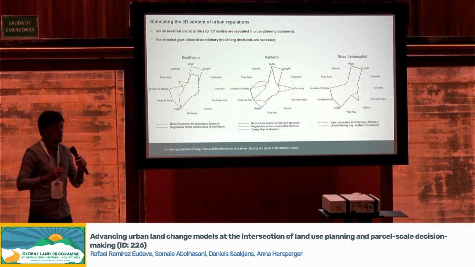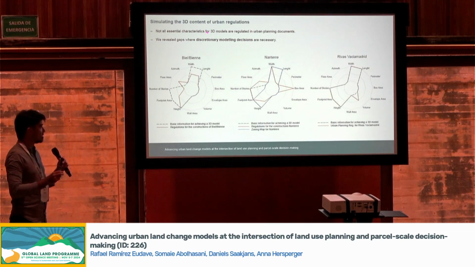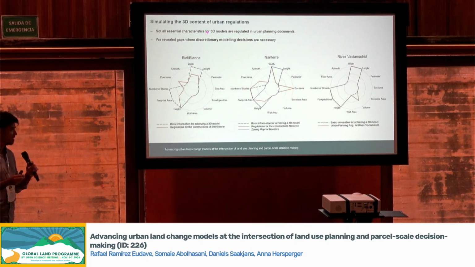Then the problem is that in documents for regulating form and function at the level of the buildings, we do not always find these indicators for assembling 3D models, and we need to undertake discretionary decisions, either from the modeler or from the decision makers.